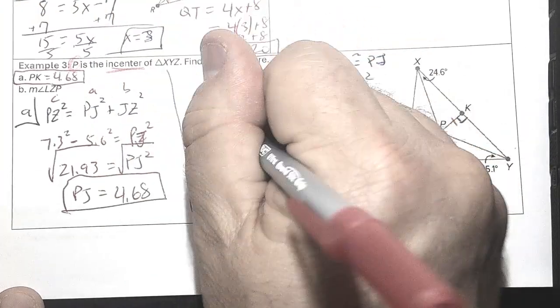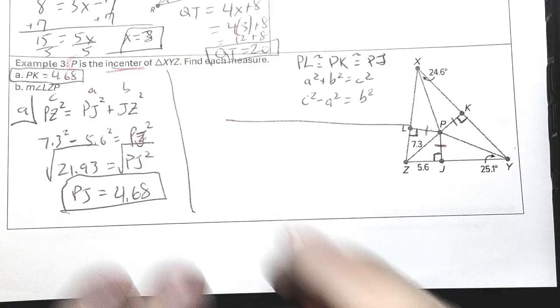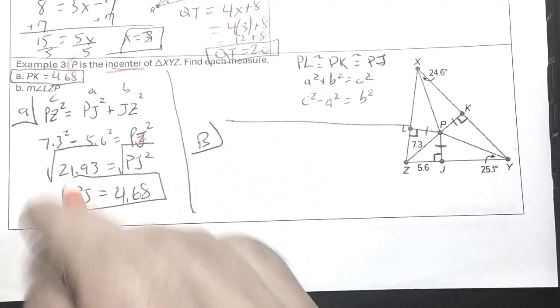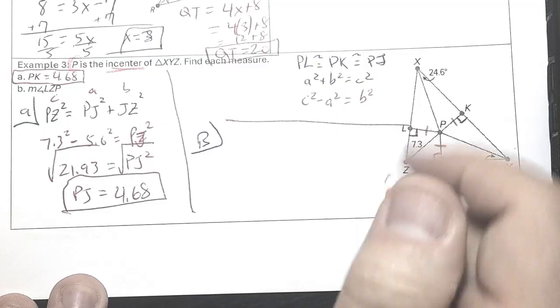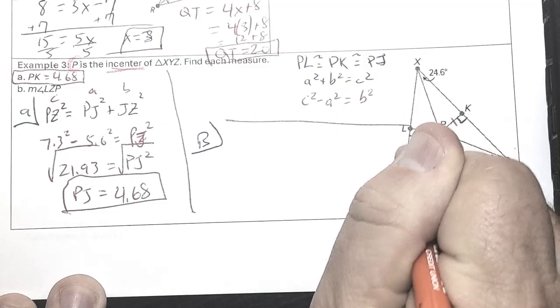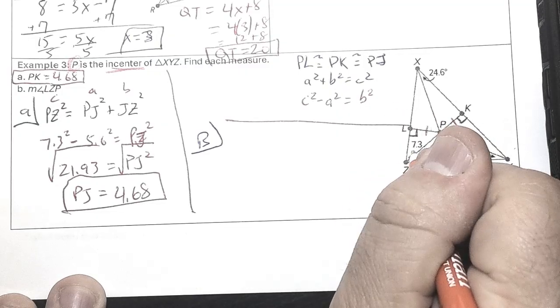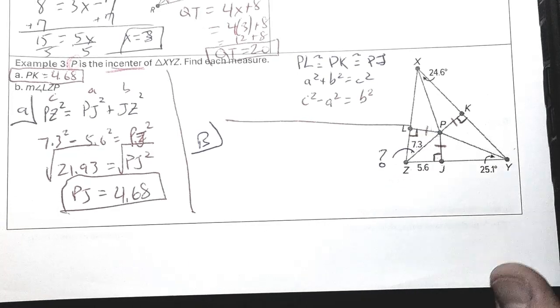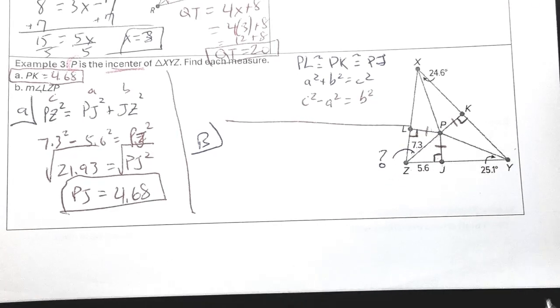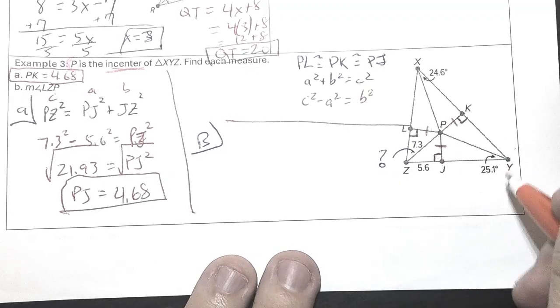Now let's go here. So part B. They want the measure of angle LZP. So what do we know about these other angles? Remember, these are all angle bisectors.